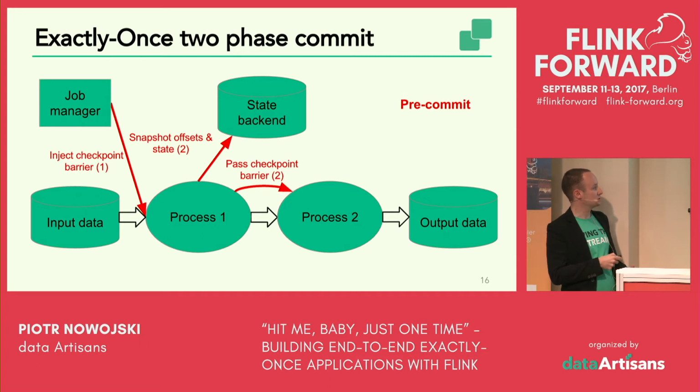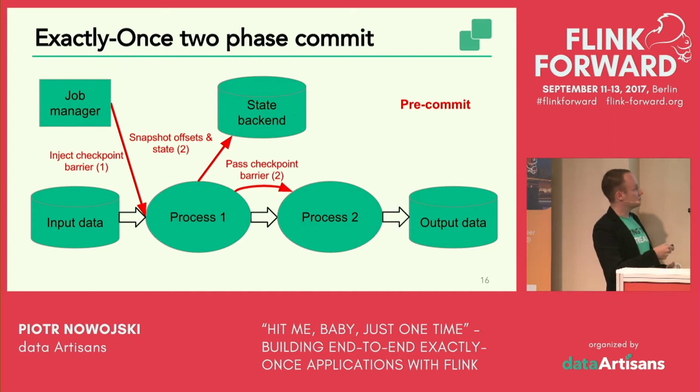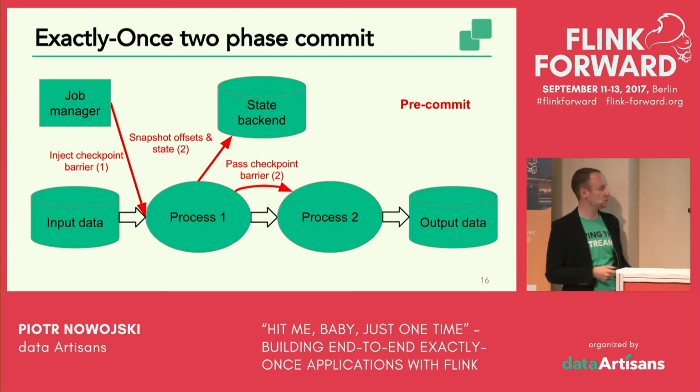In that case, our process 1 can store offsets from the source database and its state, like this running average. After completing this, it will just pass the checkpoint barrier to the next process. Again, this process doesn't have an external state. Its only state is managed by Flink itself.